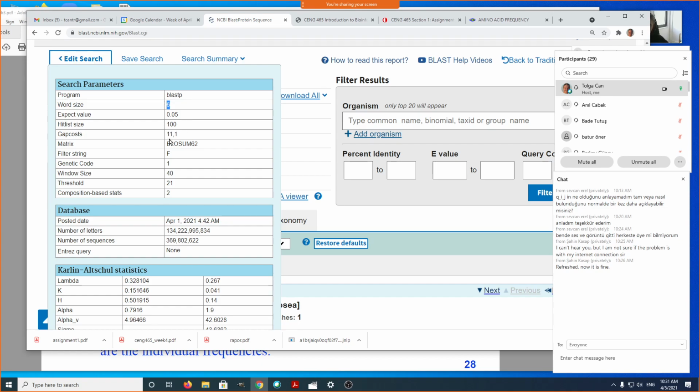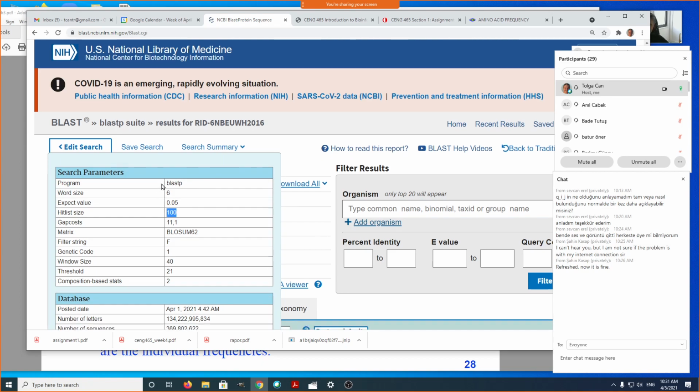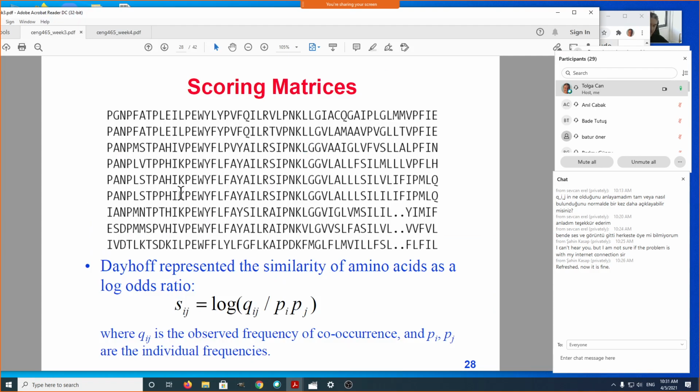A gap opening penalty of 11 and extension penalty of 1. They look at a hit list of size 100 first and a sliding window of a certain size. So there are different parameters related to the details of the algorithm. I just wanted to show you that when you look at the search summary, the search parameters, and the Karlin-Altschul statistics, these are related to what we have seen here.